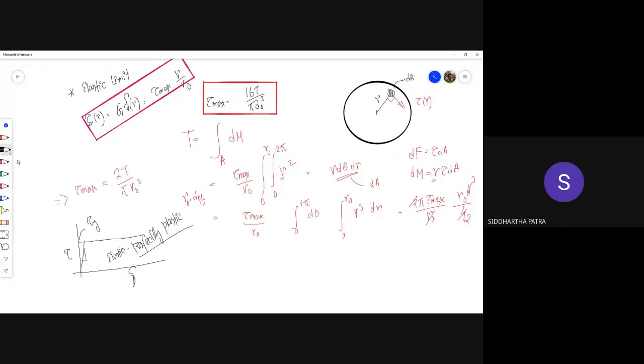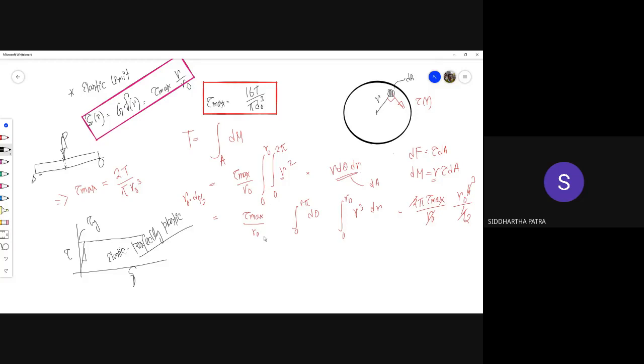So in the bending, or in the 3-point bending, we saw that the plasticity starts at the outermost layer of the cross section, where the bending moment is maximum. That's what we saw in bending.